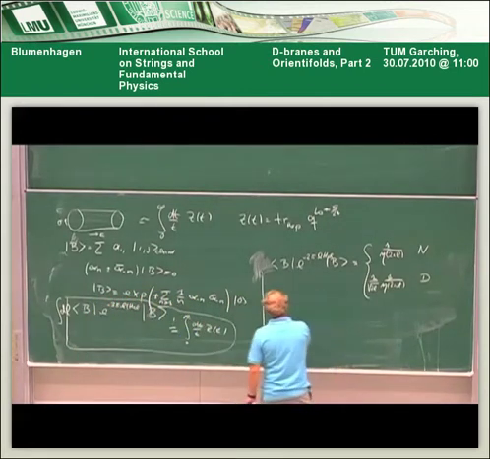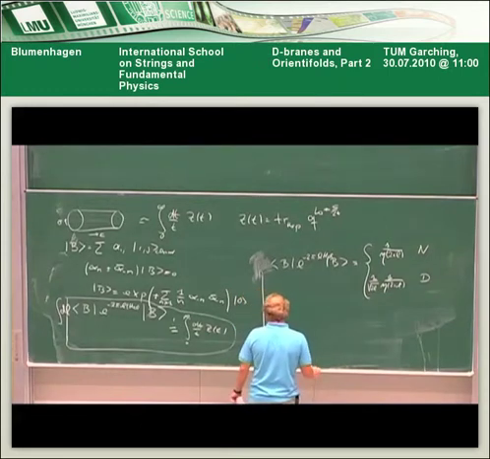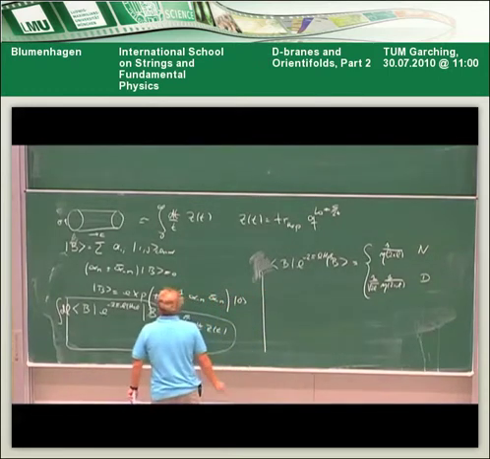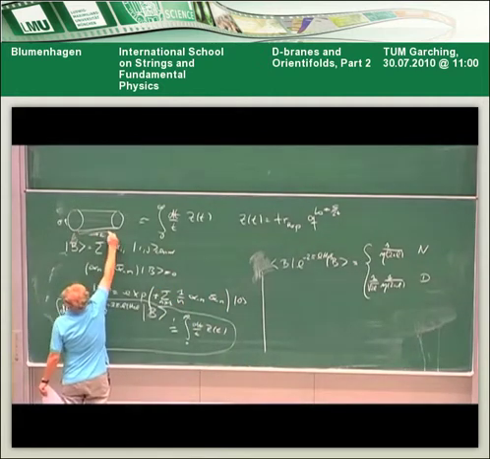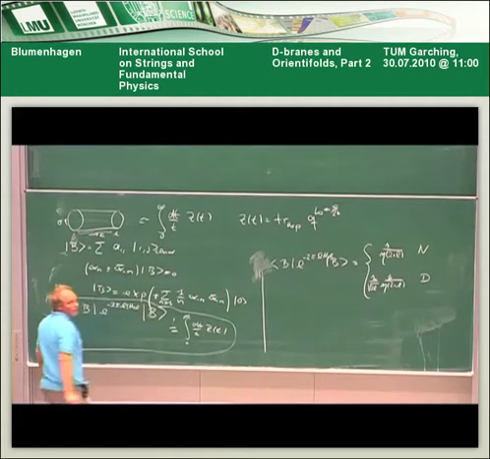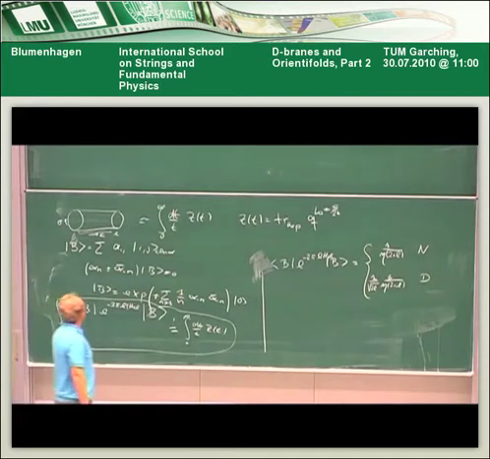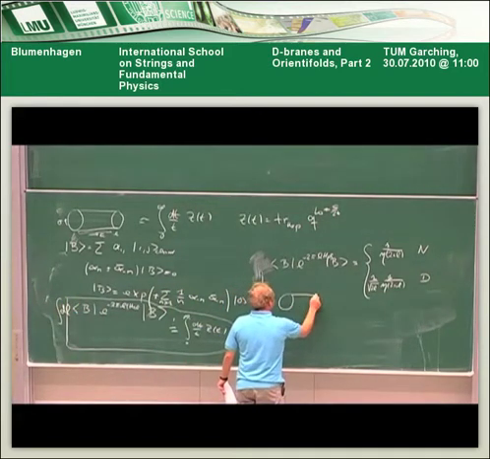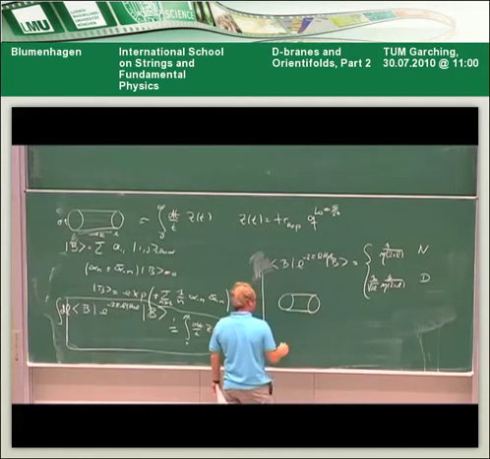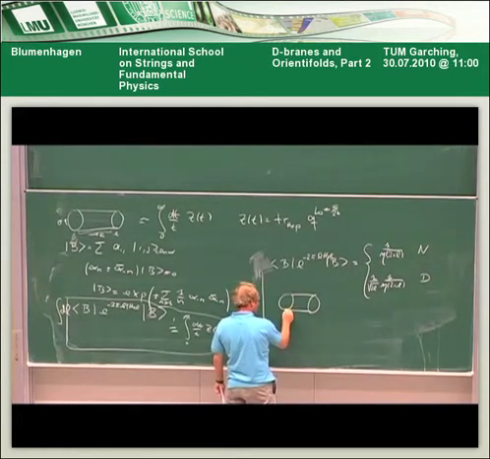Okay, and so what is the relation between L and t? So L, so let's say the length of the cylinder. So we have now these two views on it. Let's draw it again. I do it correctly. So here we have in the open string channel, this is an open string.